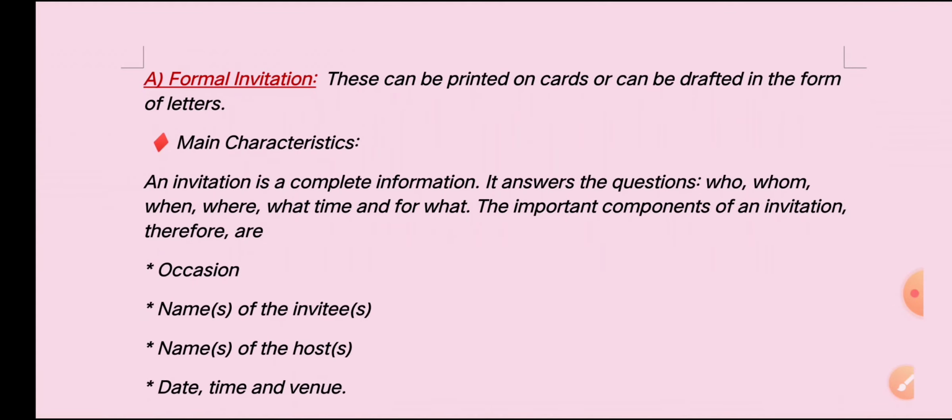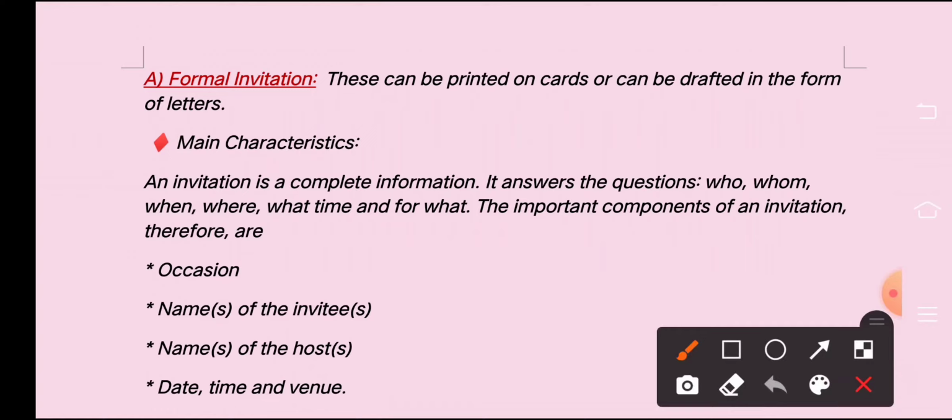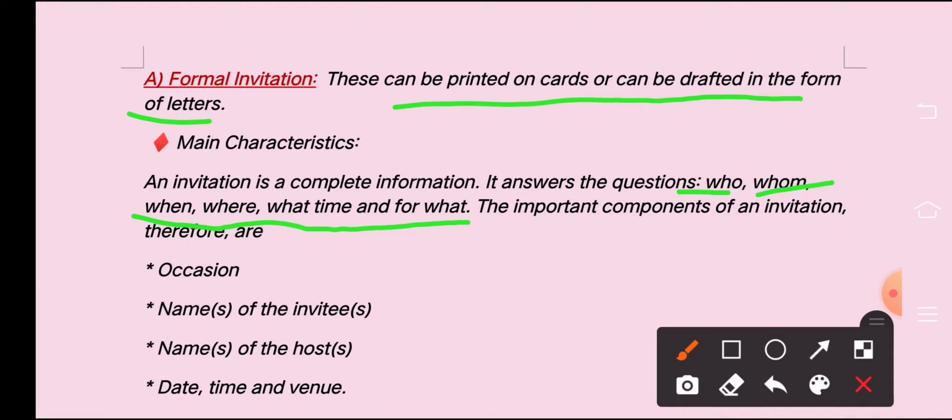Now here we have to look at formal invitation. These can be printed on cards or can be drafted in the form of letters, and the main characteristic of a formal invitation is that it gives complete information; it answers all the questions. The points you have to keep in mind are: who, whom, when, where, what time and for what.